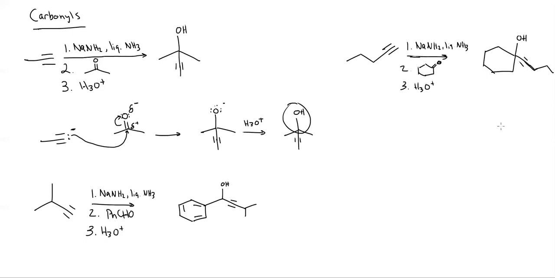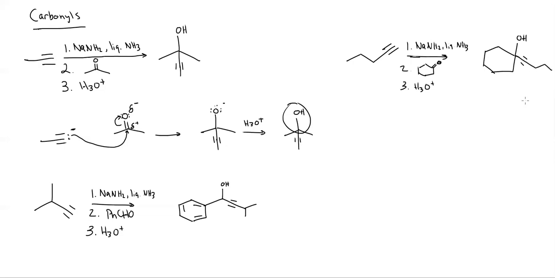Again, all I do is the carbonyl becomes an OH, and then I bond the alkyne to the group. Okay, let me redraw this. It's not the greatest drawing. Okay, so that's my product.